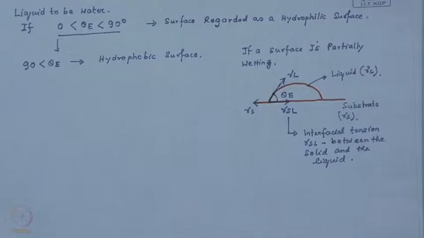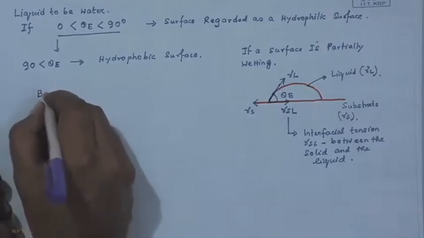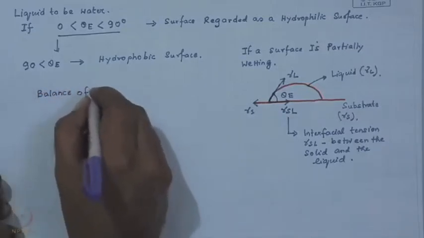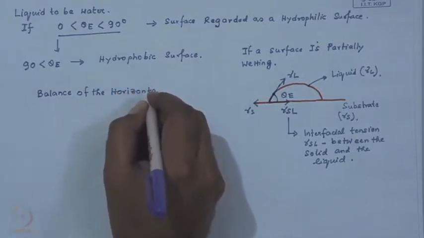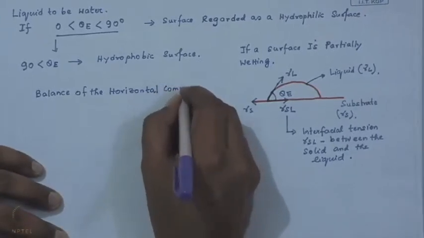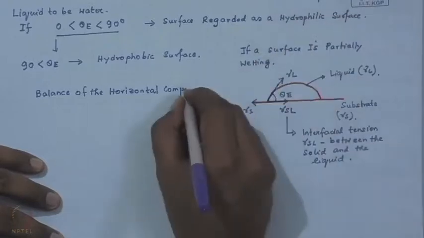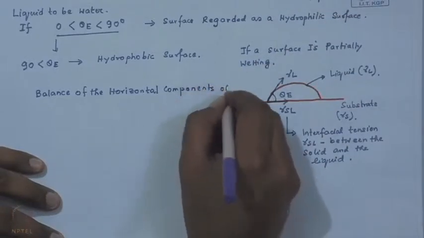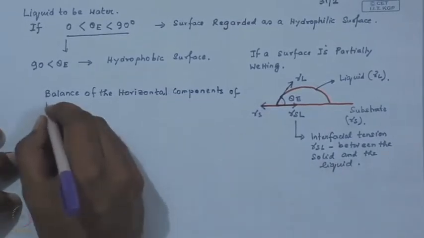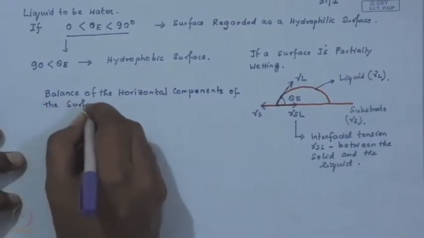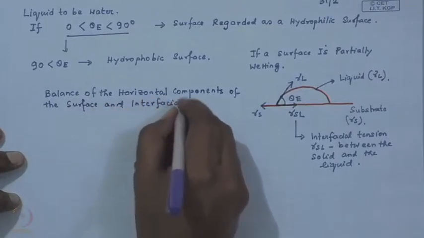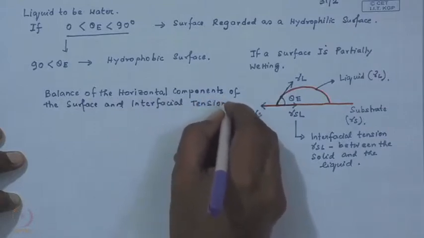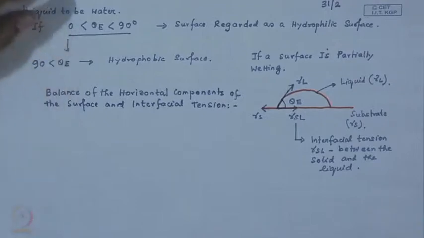So, based on this, we know that one can write a balance of the horizontal components of the interfacial tension, and this also we know to get the Young's equation.